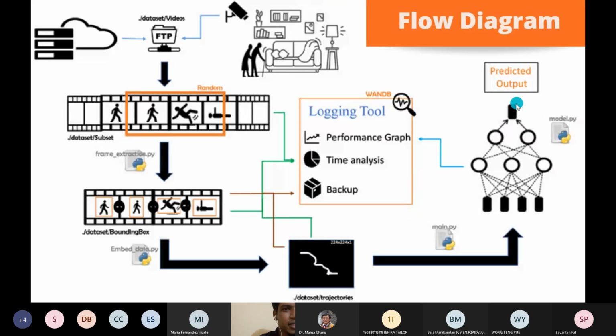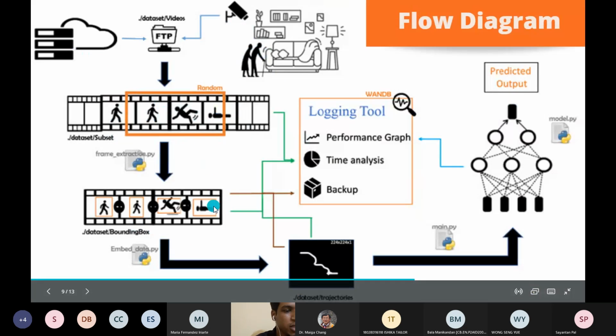Next, this is my overall approach. You can see that the videos may be coming from either a cloud or some living area CCTV camera. Once I get the video, I randomly select different frames and extract the bounding box, then the center points and the trace of the movement of the subject.